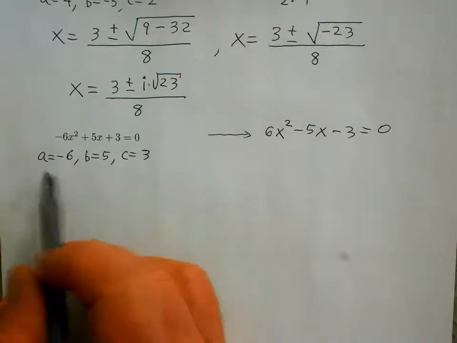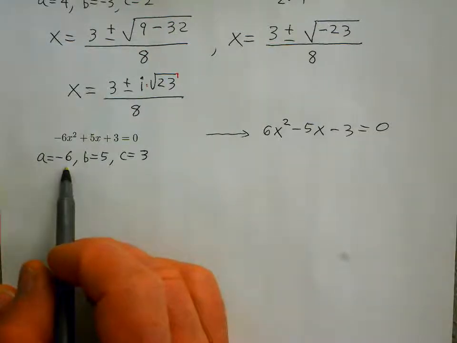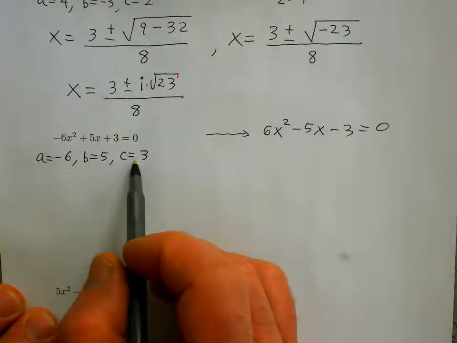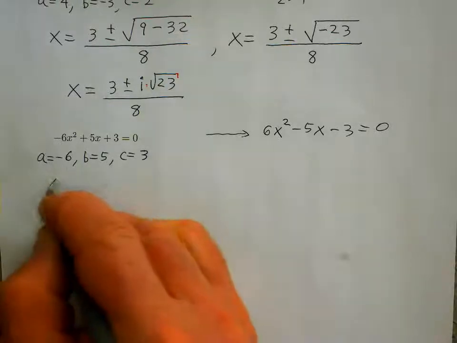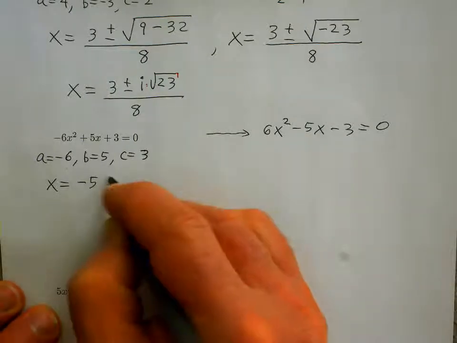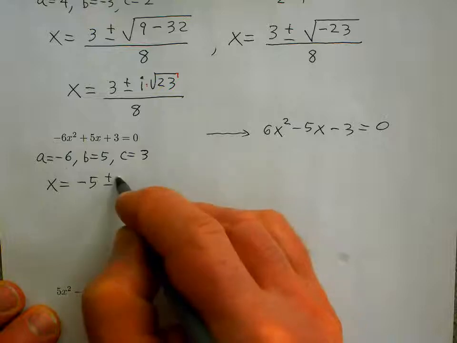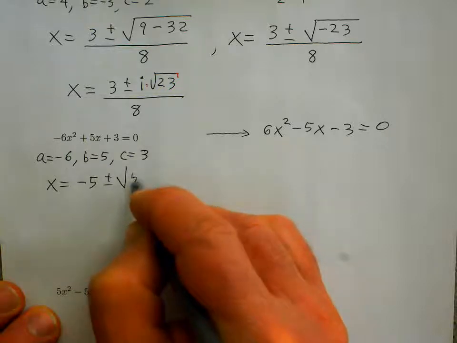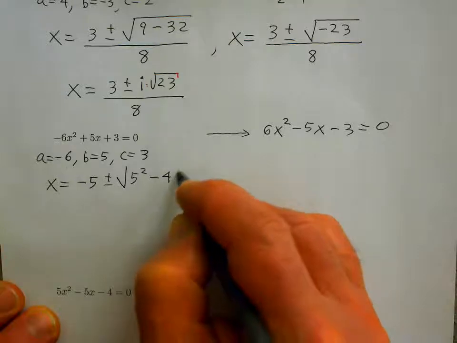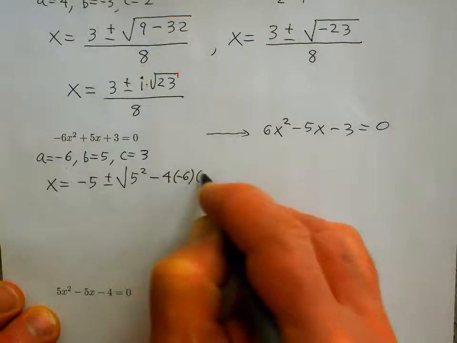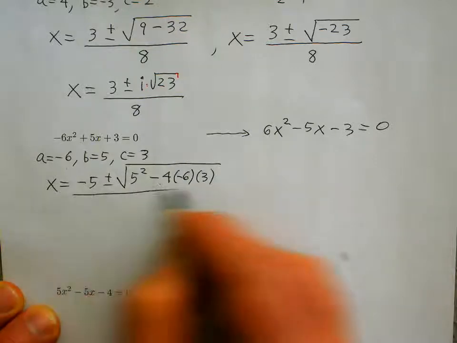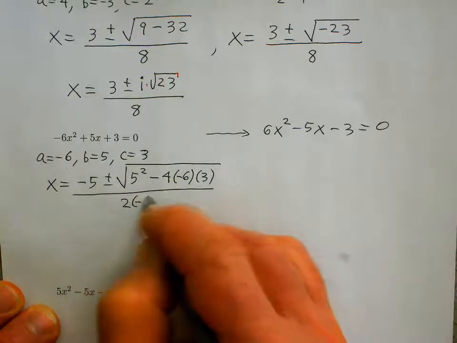So let's go ahead and use it with a equals -6, b equals 5, and c equals 3. So x equals -5 plus and minus the square root of 5 squared minus 4 times -6 times 3, all divided by 2 times -6.